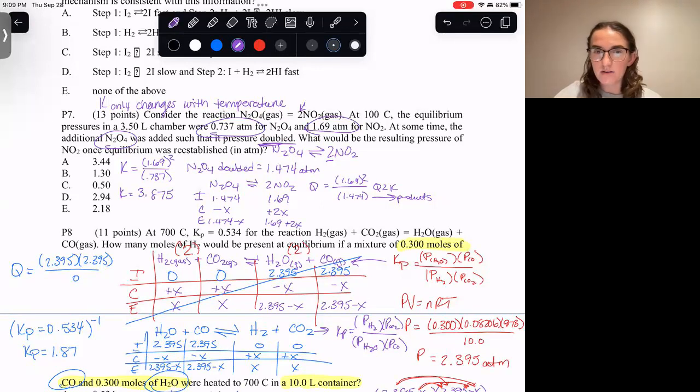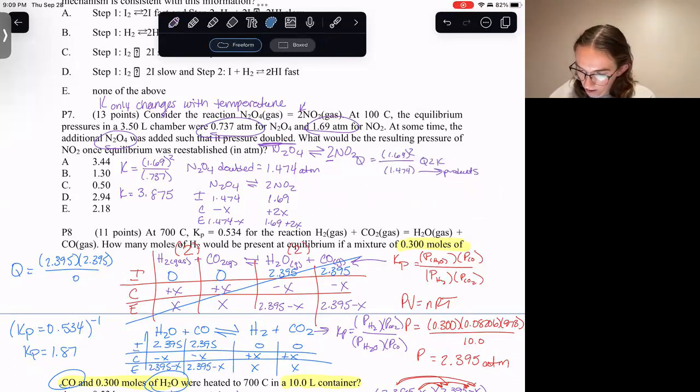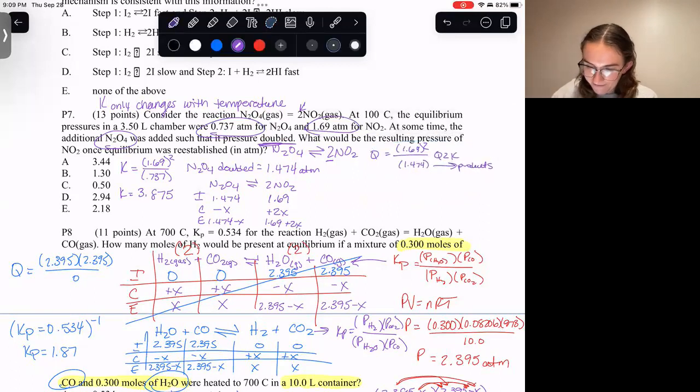Any questions, or what questions do we have about that setup? Okay, so once we have equilibrium, then we can use that K we found first and plug our equilibrium concentrations now into that K. So we can say this would be 3.875 equal to 1.69 plus 2x.